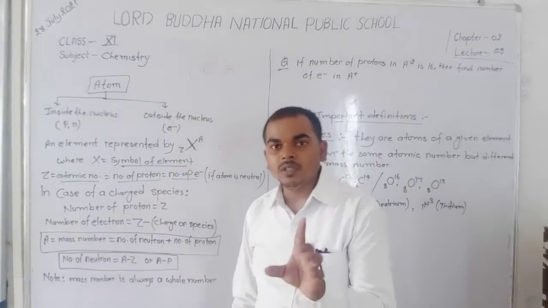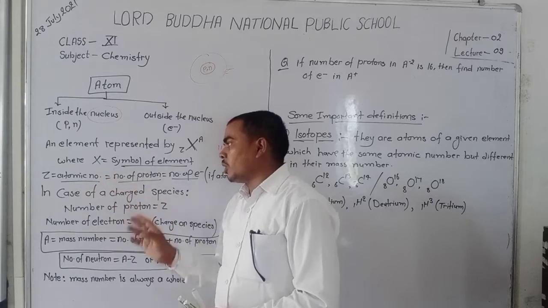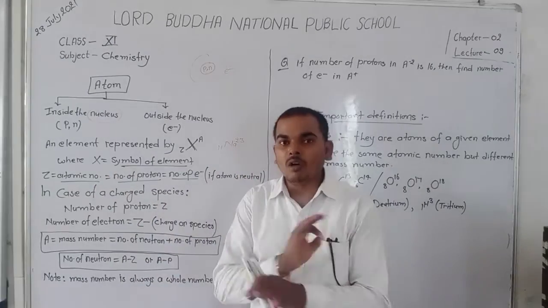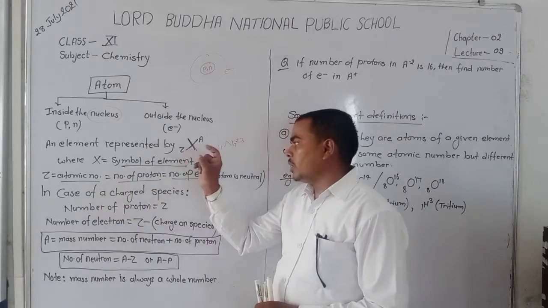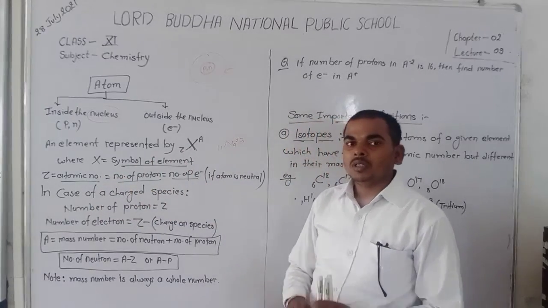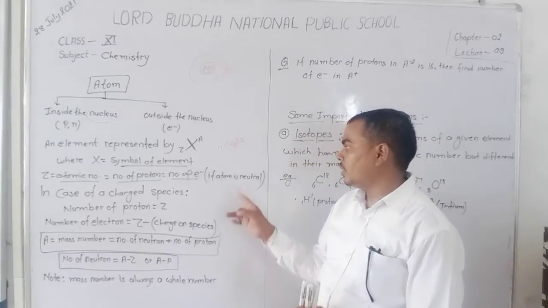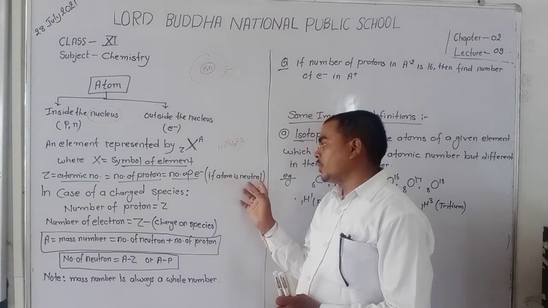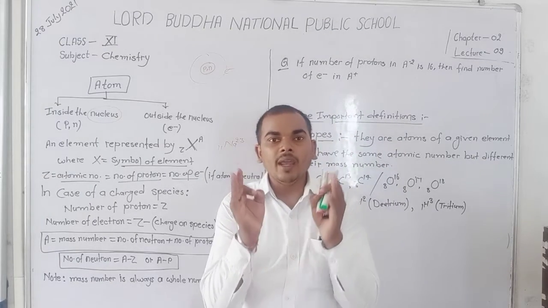But student, always remember, atomic number and proton number are similar in all conditions. But atomic number, proton number and electron number are similar only when the atom is neutral. Neutral means the atom does not contain any charge.